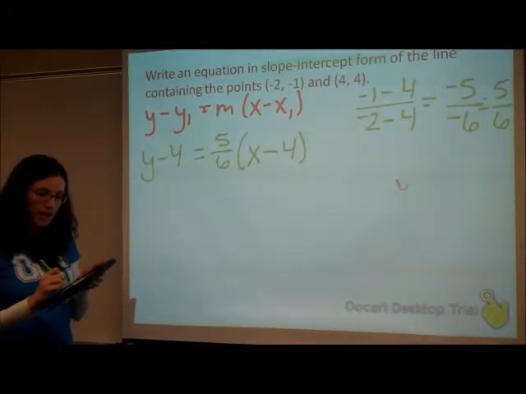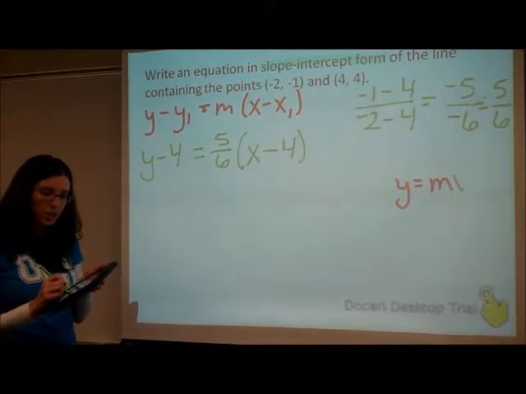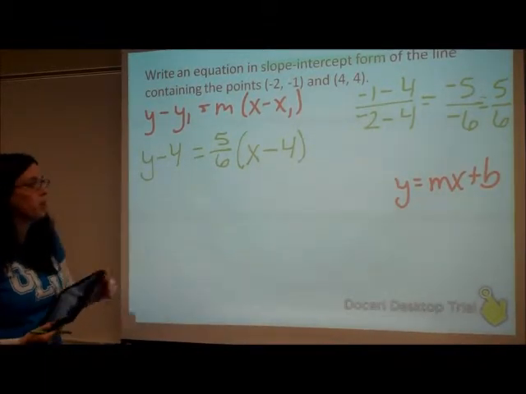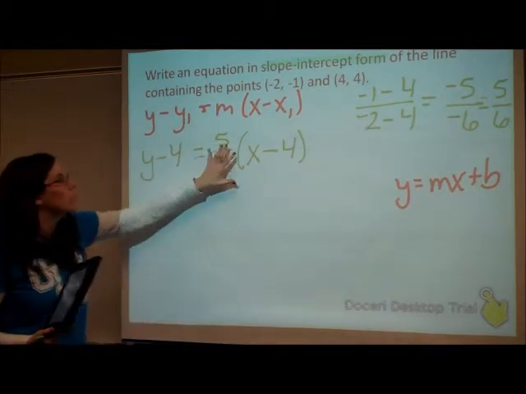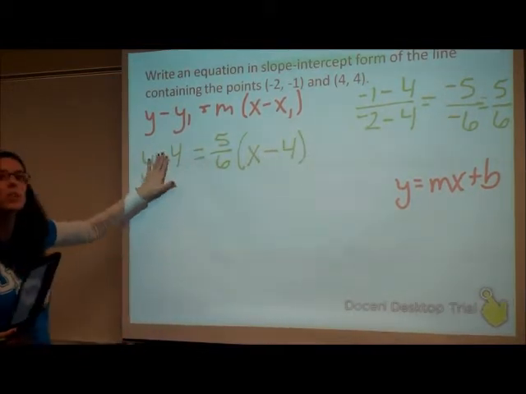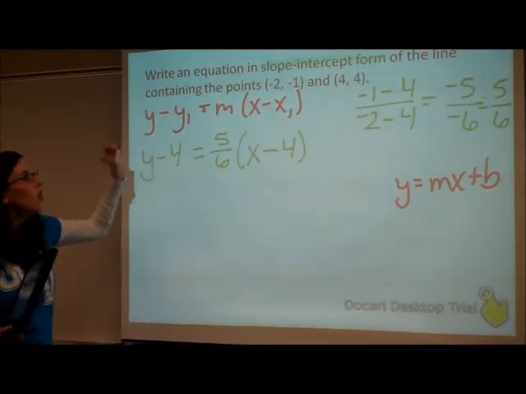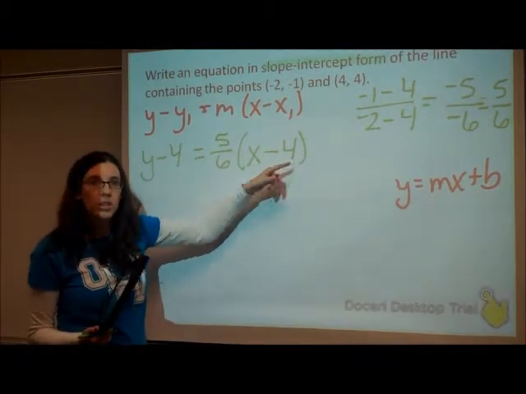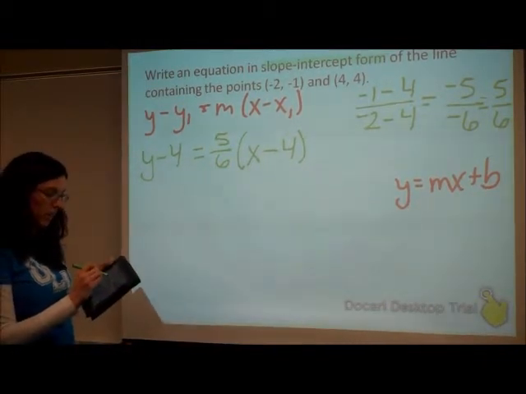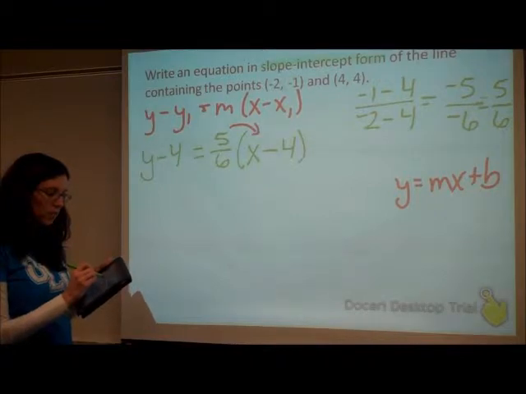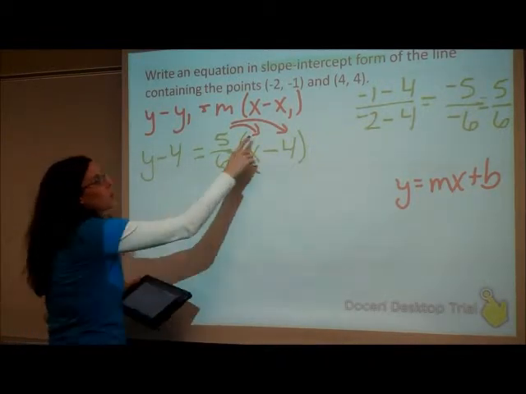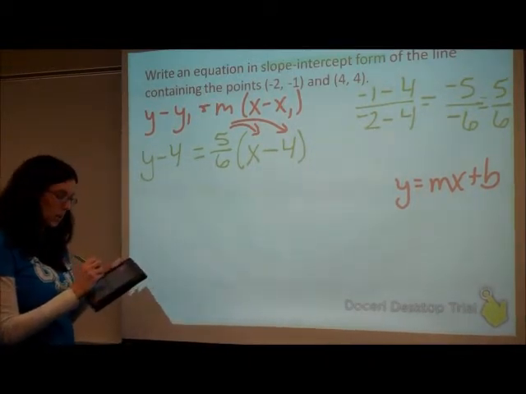Now I need to get it in the y equals mx plus b form. So I need to get rid of the parentheses and I need to get rid of this over here. First thing we're going to do is get rid of the parentheses by using our distributive property. So you're going to take that 5/6 and multiply by everything inside the parentheses.